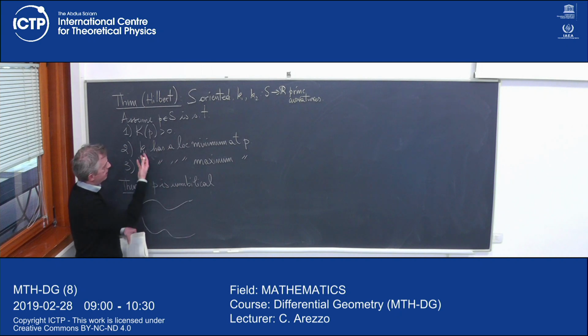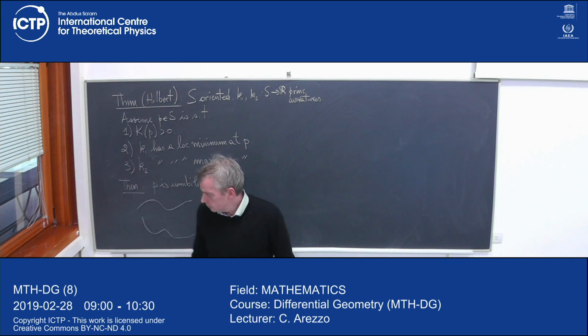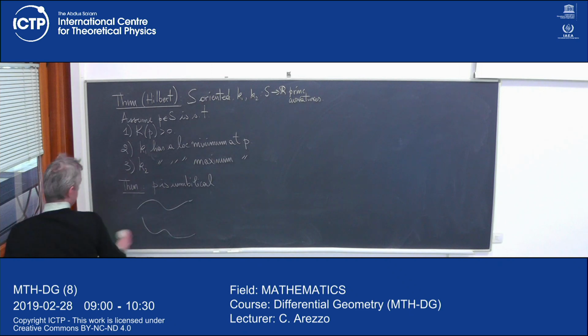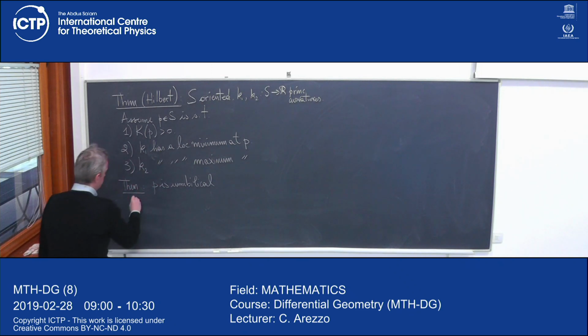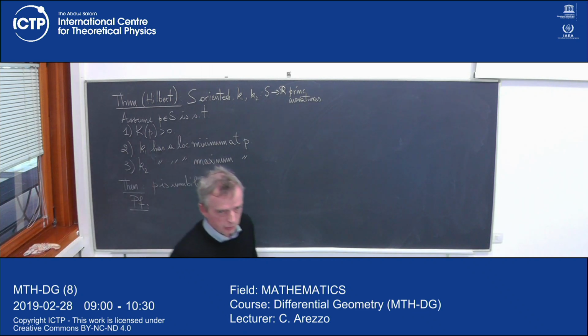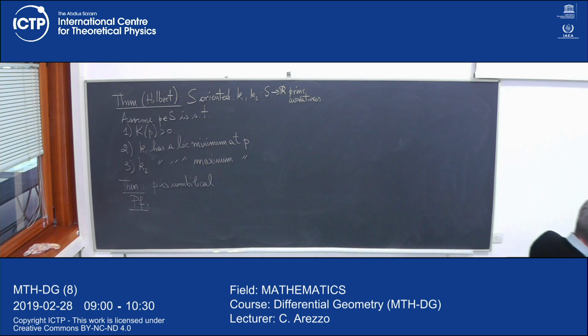And you're basically asking that K1 has a minimum and K2 has a maximum. So they seem to be as far apart as possible, and then the conclusion is they are the same. So, a bit surprising. Let's see why this is true. I will convince you later why this is a beautiful fact, but for the moment, believe me.